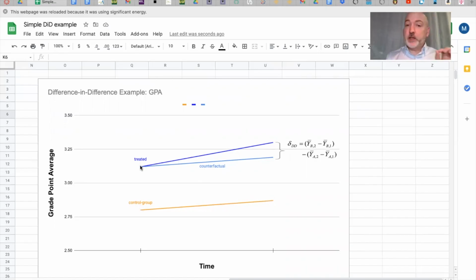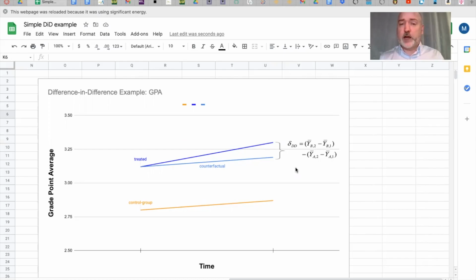To pick out the treatment effect, we start at the initial point for the treated, and then we have our 2 slopes, the actual slope versus the counterfactual. The gap between them is the delta DD, the treatment effect.